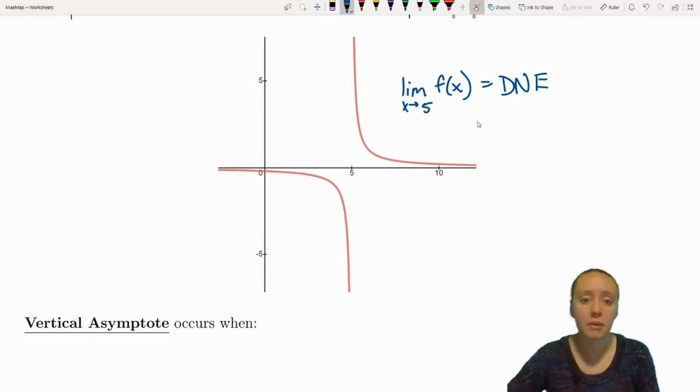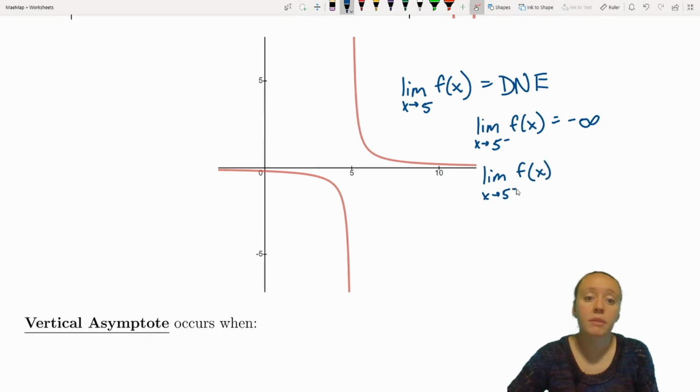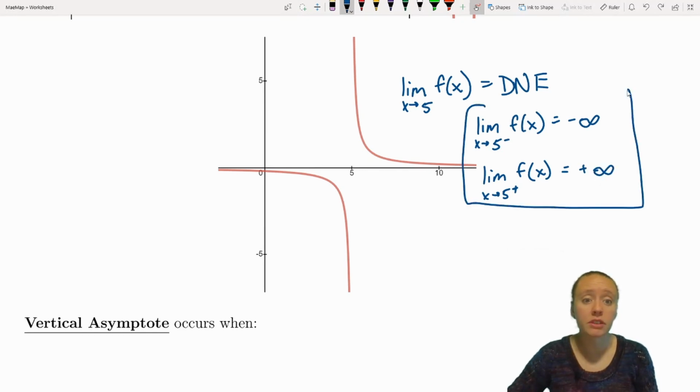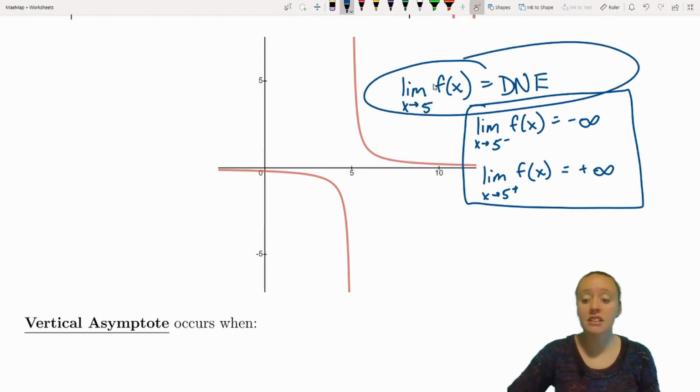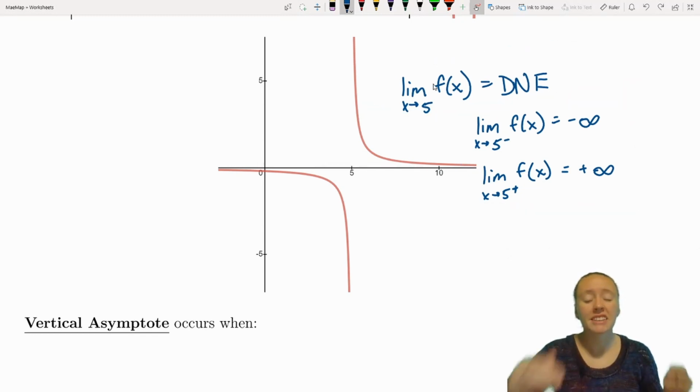However, if I break this down, the limit of f of x as x approaches 5 from the left equals negative infinity, and the limit of f of x as x approaches 5 from the right equals positive infinity. This information is more helpful to us than just saying does not exist for the limit, because then we can really visualize the shape of our graph.